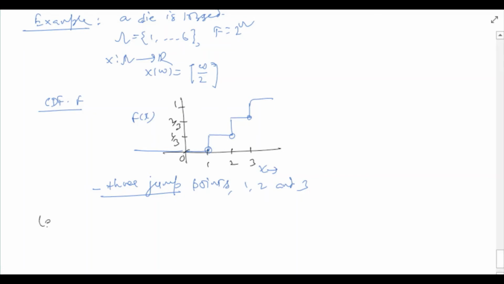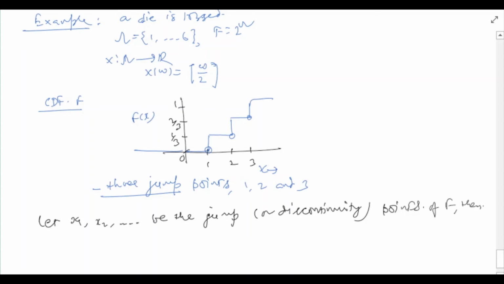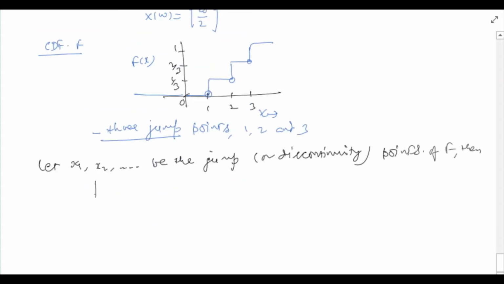Further, let x1, x2, dot dot be the jump points or discontinuity points of F. Then probability of X being small xi, in short probability of xi, or sometimes also written as p_i, turns out to be equal to F(xi) minus F(xi minus).